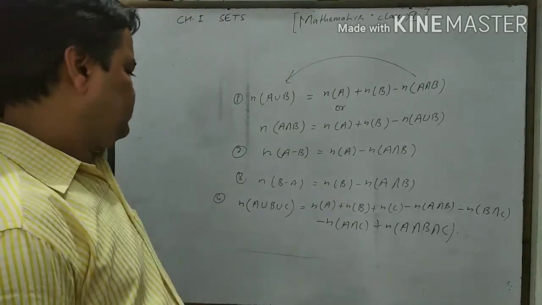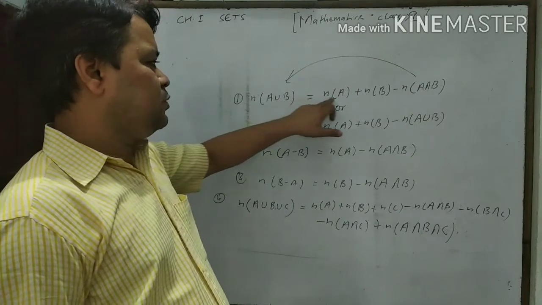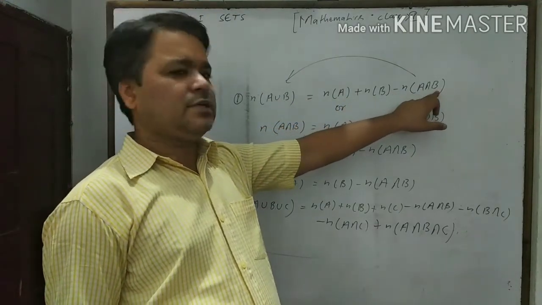If we have two sets, then n(A union B) is equal to n(A) plus n(B) minus n(A intersection B).